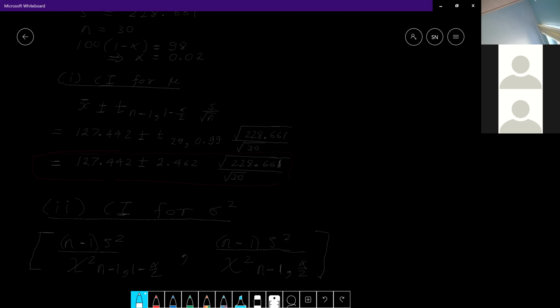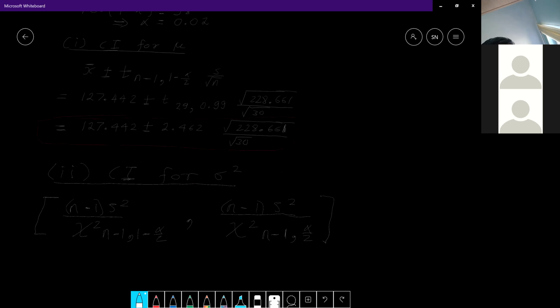This is the formula that I gave you for the confidence interval for the population variance. So using this formula, you will get the following. n minus 1 is 29, S squared we know is 228.661, divided by the percentile of the chi-square distribution. I gave you a table a long time ago.